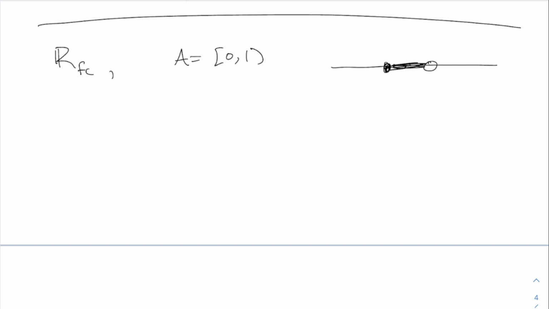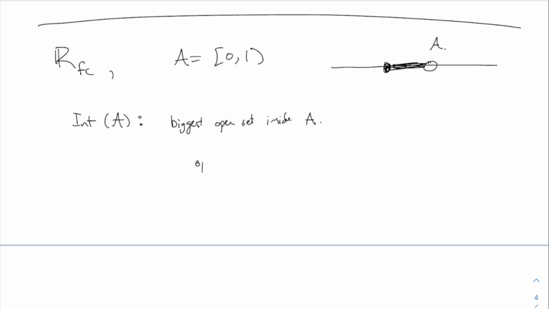So we need to think about, let's talk about interior first of all. This would be the biggest open set inside A. Of course, when I say biggest open set, I don't mean the biggest open interval in the ordinary sense. I mean in the finite complement topology, the biggest open set inside of A. This is A here. You have to think about what an open set looks like in the finite complement topology. Remember, an open set includes all real numbers except for a finite set.